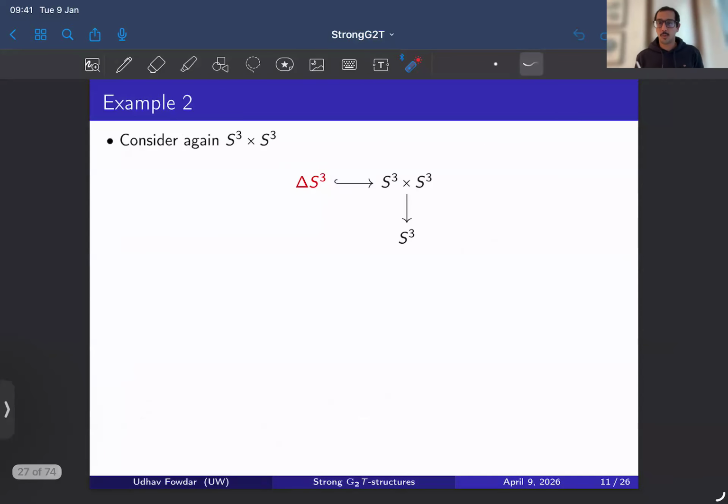So let me give you one more example now. I'm going to again consider the same manifold as before, S3 cross S3, but now instead of thinking about it as an elliptic fibration over P1 cross P1, I'm going to think about it as a bundle over S3, and I'm going to embed S3 diagonally inside S3 cross S3.